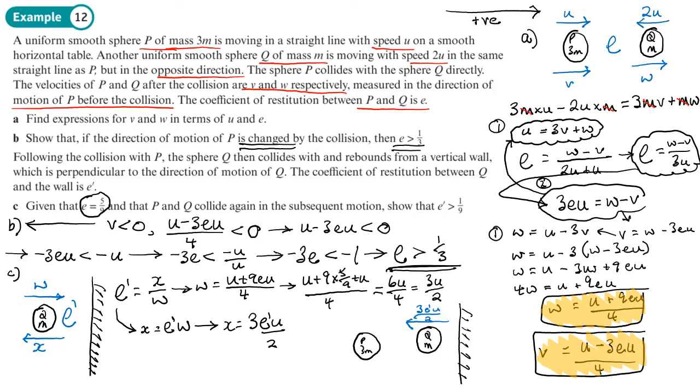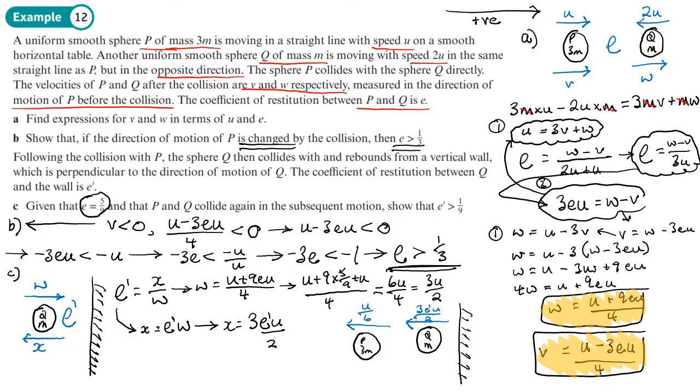Now we can substitute the 5 over 9 into the velocity for P, which is this one here. So if we substitute our 5 over 9 for E in here, the velocity of P will just become U over 6. Let's put that down. U over 6.